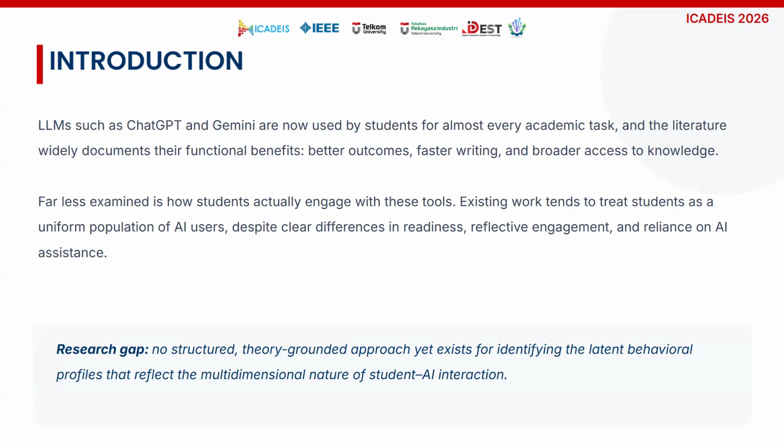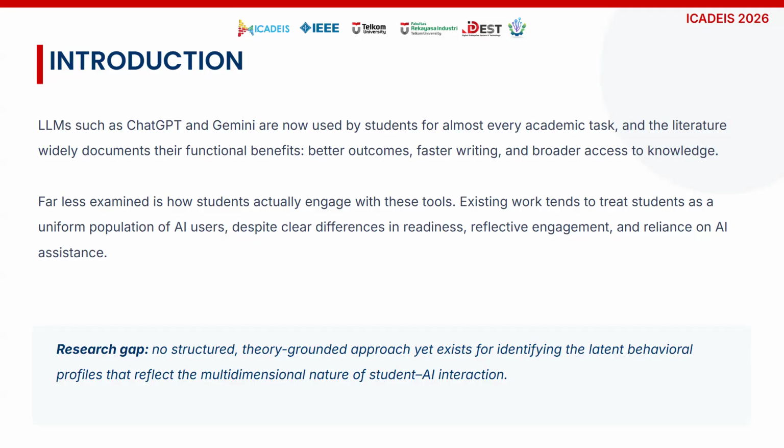LLMs like ChatGPT and Gemini are now used by students for almost every academic task. The literature widely documents their functional benefits, such as better outcomes, faster writing, and broader access to knowledge. But what has rarely been studied is how students actually interact with these tools.